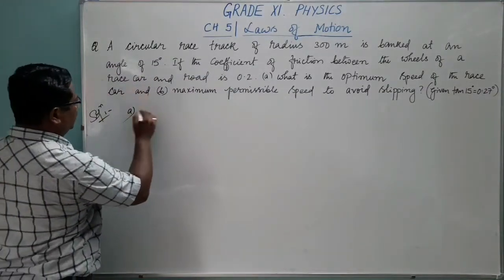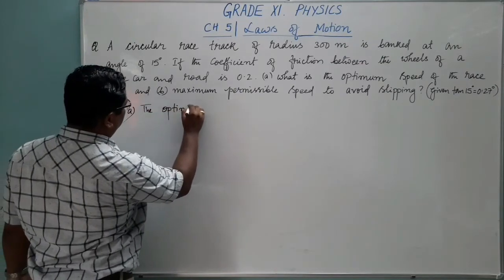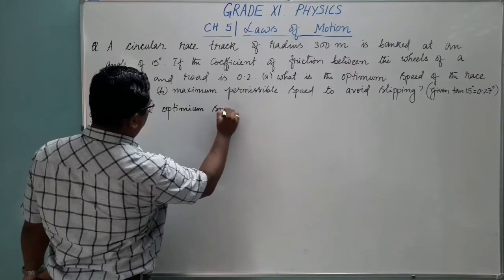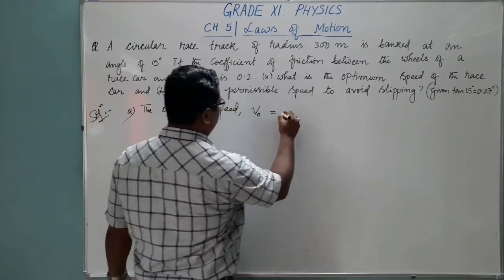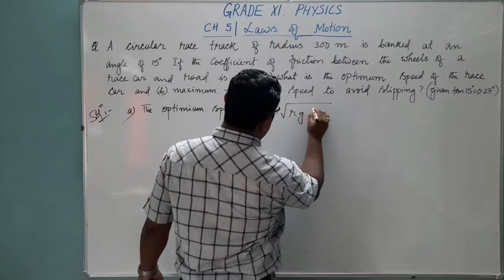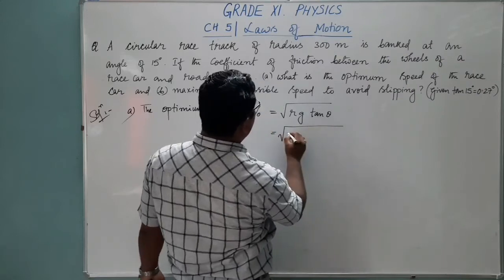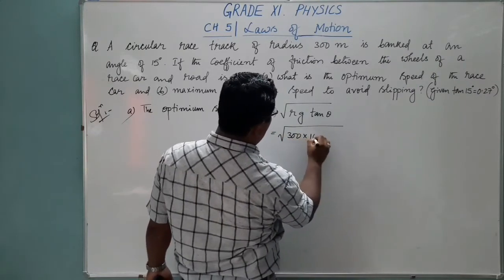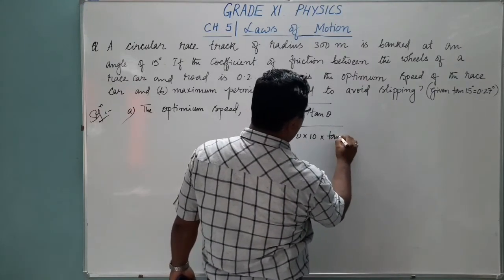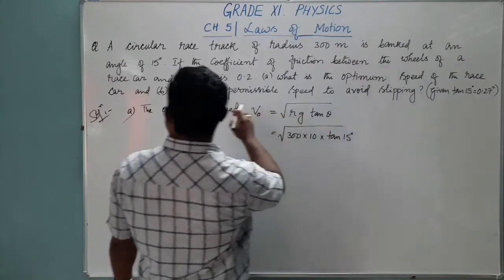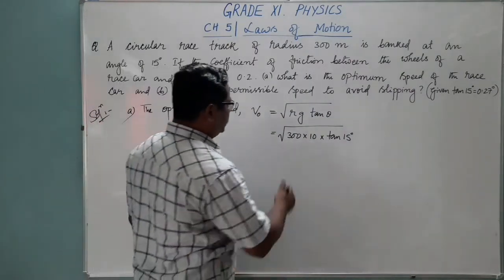So first we will do it like this. The optimum speed, v naught also we write, v is equal to root over rg tan theta. Put the values and calculate. Radius is 300 meter. The g value for convenience we will take 10 meter per second square, and tan theta, the angle of banking is 15 degree.